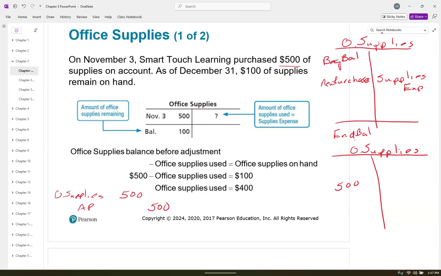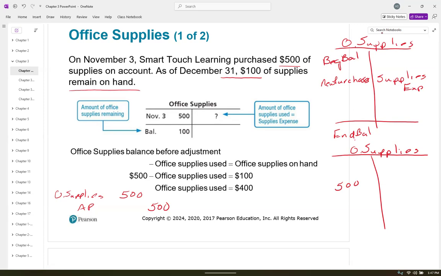Okay. So you have to be really careful when you get a supplies problem because they love to trick you on it. Even when I took the CPA exam a few years ago, they still pulled this trick out of their back pocket. And I don't want you to get confused by the trick. Okay. So here they tell us at December 31, $100 of supplies remain on hand. What does that mean?